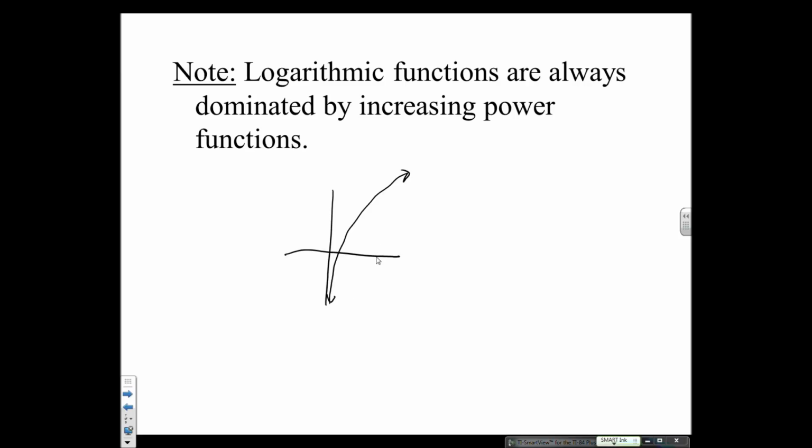It's not going to infinity as fast as an exponent, or even a power function, or even the square root. The square root is an example of a power function. I don't know how they start out at the beginning, but eventually that power function will end up on top. So even the square root is going to go to infinity faster than the logarithm.